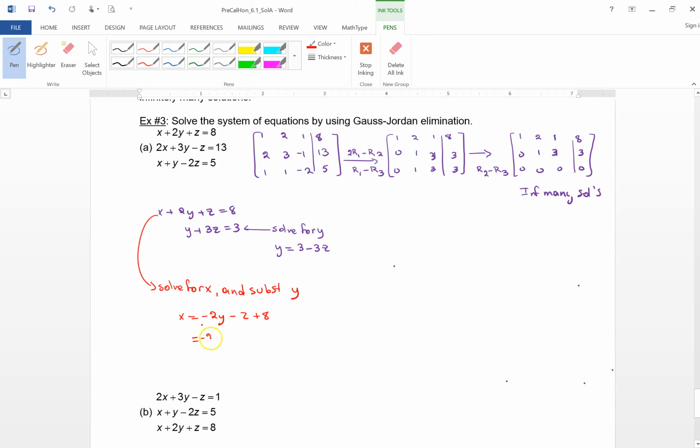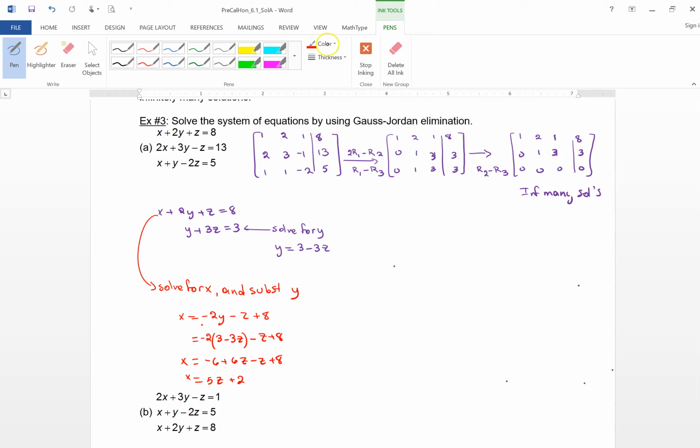So this is negative 2 times (3 minus 3z) minus z plus 8. So basically, I want to solve all of them in terms of z. And here I get negative 6 plus 6z minus z plus 8 equals x. So x equals 5z plus 2.